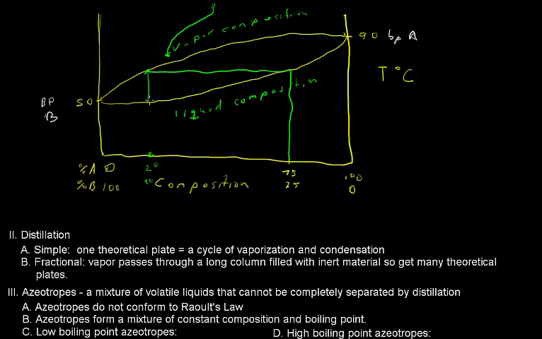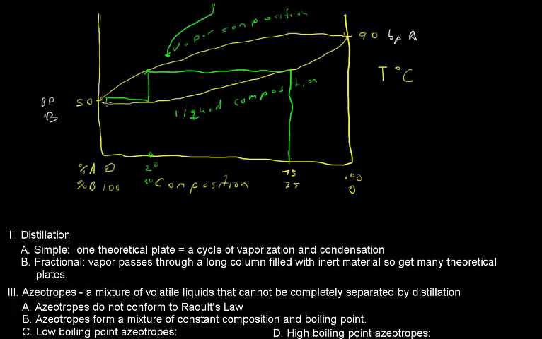So in the second vaporization cycle, we've greatly enriched the vapor, and so we're 90-something% at this point, after two theoretical plates. There's a big difference in the boiling points here, so it doesn't take too many theoretical plates in this example.